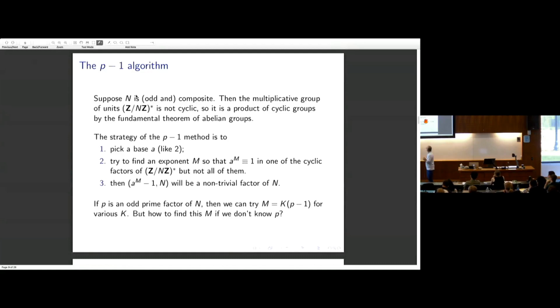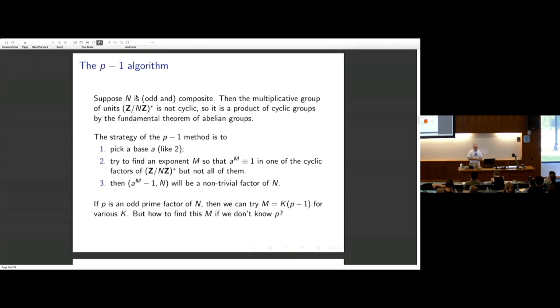So this is wonderful, except for one problem, which is, of course, we don't know the factors. The thing that we care about is that n has a prime factor p and a prime factor q. It's p minus 1 that we care about for one of those factors. We have no idea what that is. And so we just try to guess it, basically.